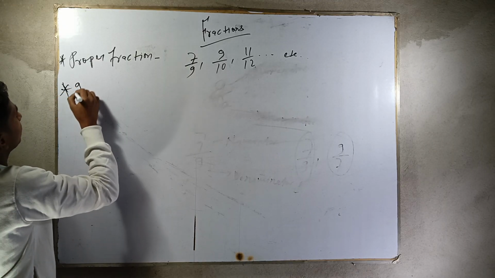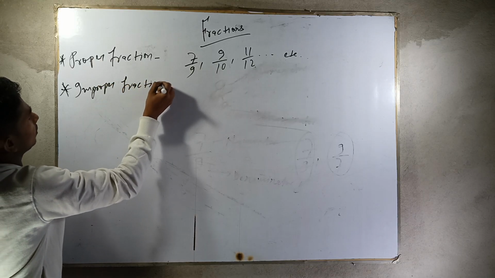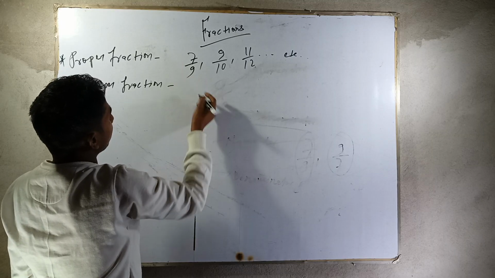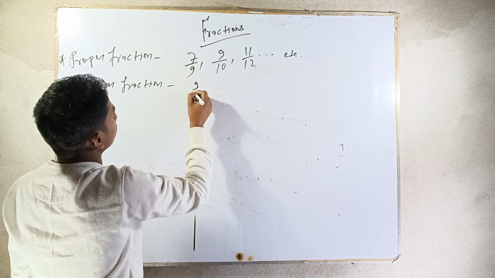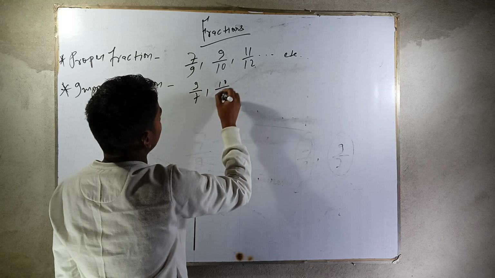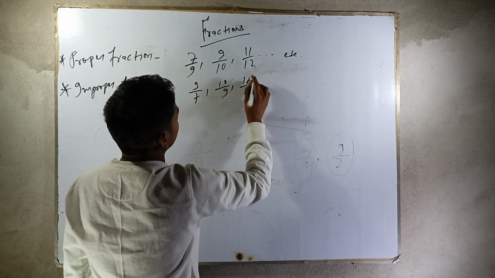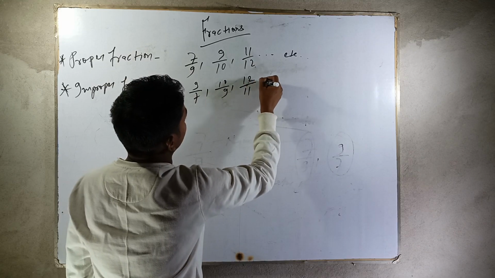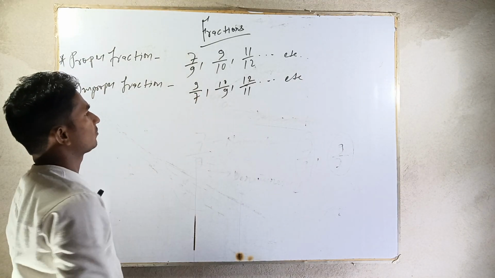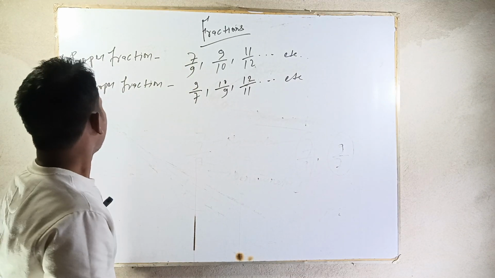And the next one is improper fraction. Suppose I write the reciprocal forms: 9 by 7, 10 by 9, 12 by 11, etc. In these we see that the numerator is greater than the denominator, and that is called an improper fraction.